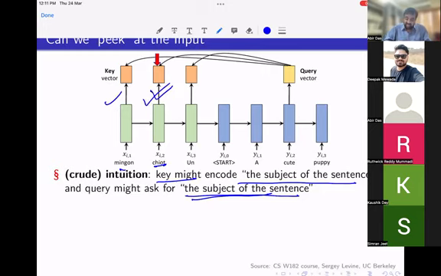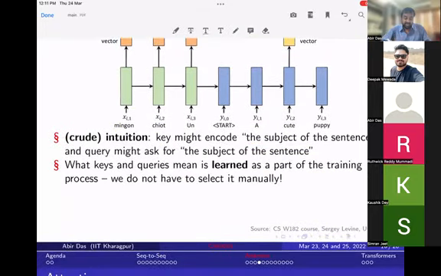So the key encodes some information and the query is looking for some information, and there is so much information that you need to find which of the keys are most relevant to the query. And what keys and queries mean is learned. We do not specify it, as I was saying, for these intuitions that this may be the subject of the sentence, etc. We do not specify it, because that is not our job.